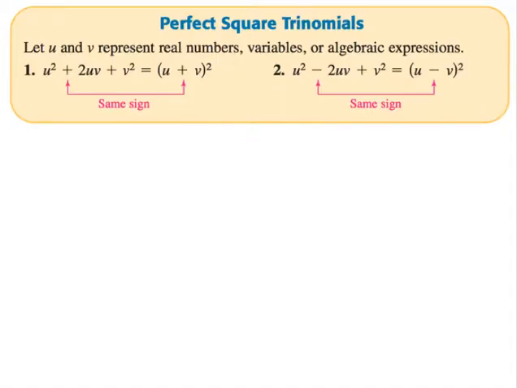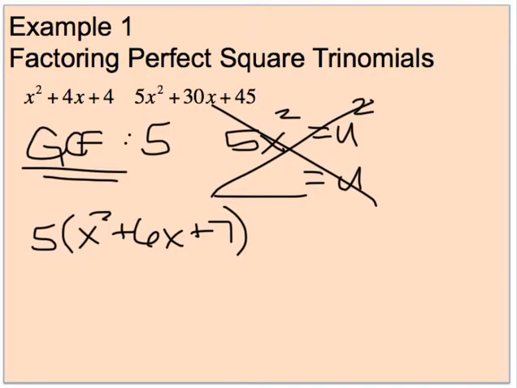Now if I look back to my rules for perfect square trinomials, I take a look at this question and I confirm this first term is in fact a perfect square. We have x squared. And I look at the back term, and 7 is not a perfect square. So in this case, I cannot use perfect square trinomials for this question.